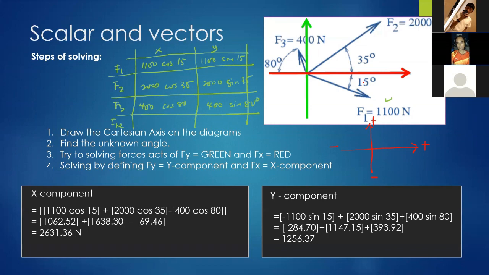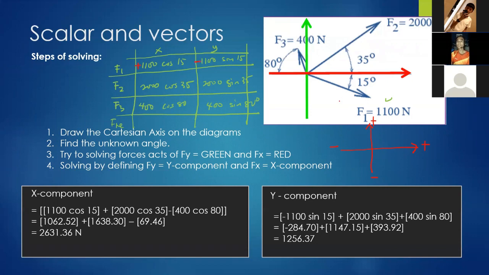F1 X is pointing to the right, so I put positive here. F1 Y is pointing down, so I put negative here.